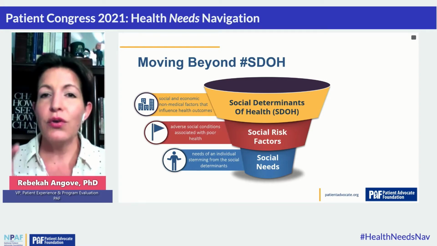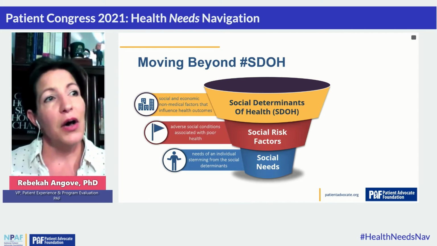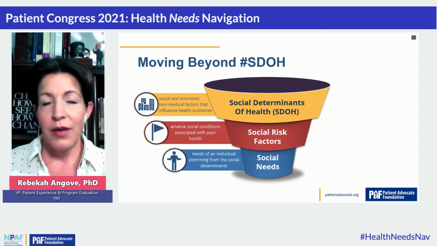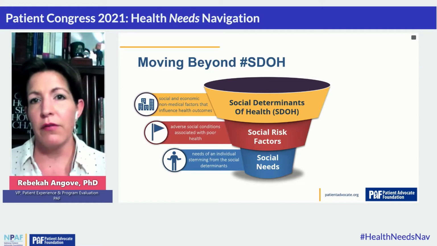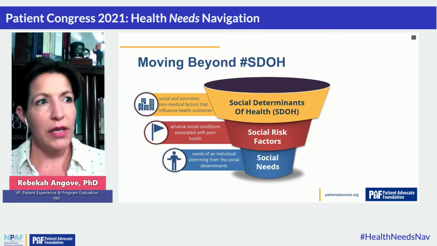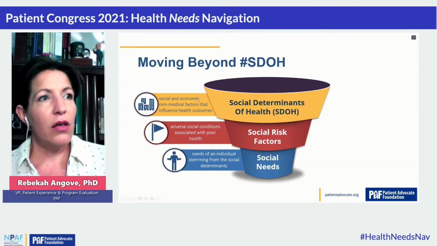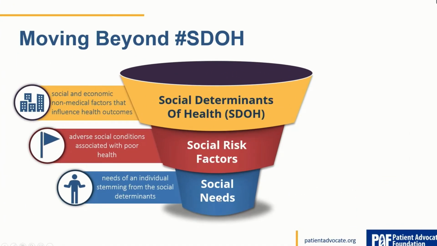So you as an individual or a community may have a social risk factor because of the social determinants of health, right? The distribution of power, resources, and money where you live. And that all filters down to the individual level, the social needs. That's really what we're talking about when we talk about needs navigation.